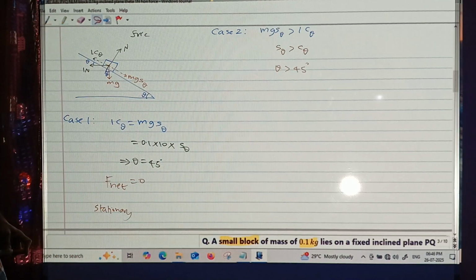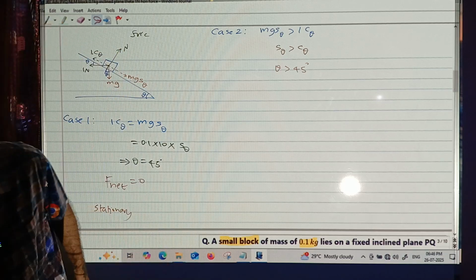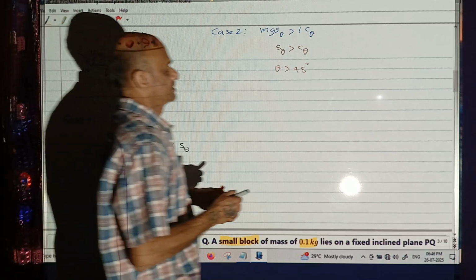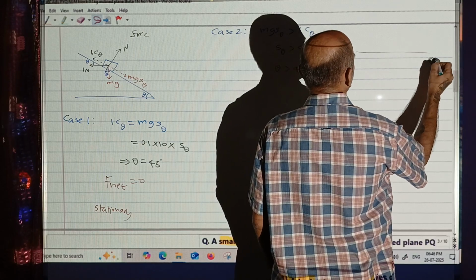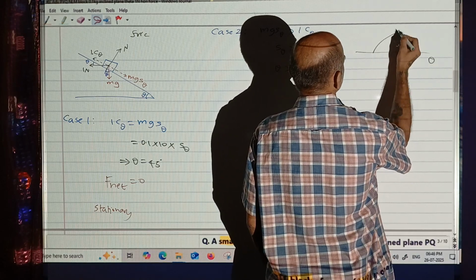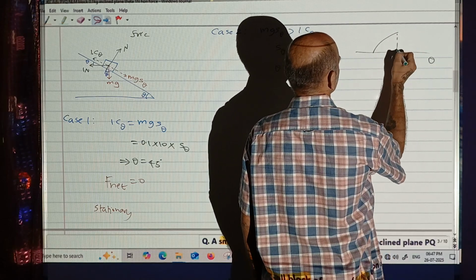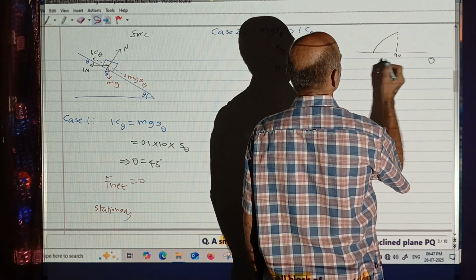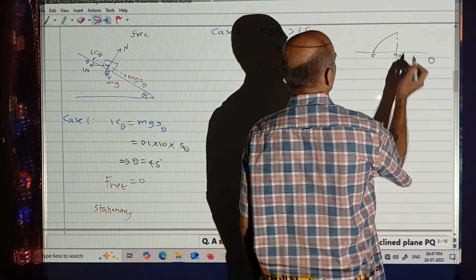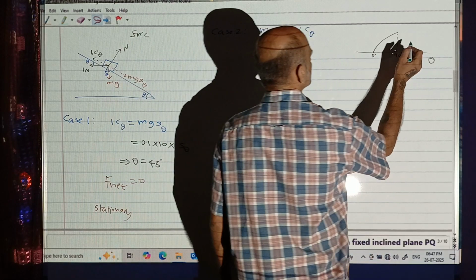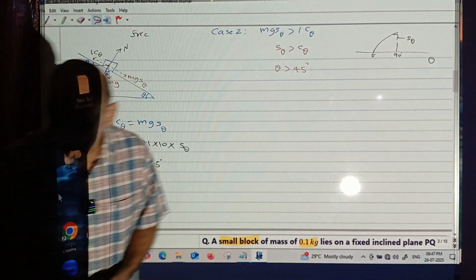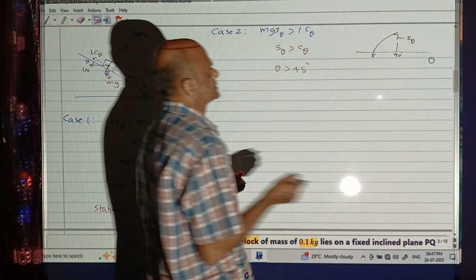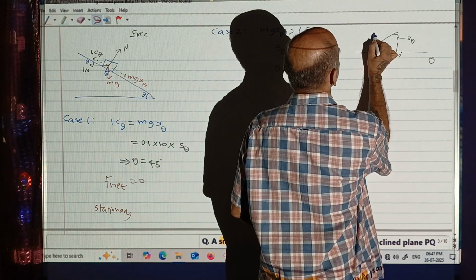Because if you remember the plot of sin and cos in the first quadrant, from 0 to 90 degrees, sine will go like this. This is 90 degrees, this is 0 degrees. This is sine theta, and cos theta is 1 for 0 degrees.